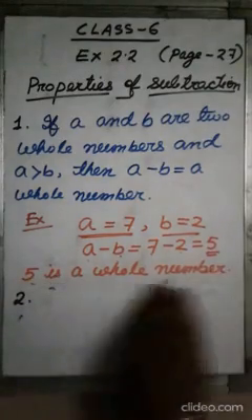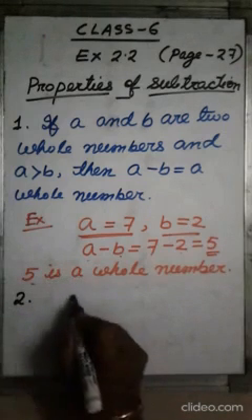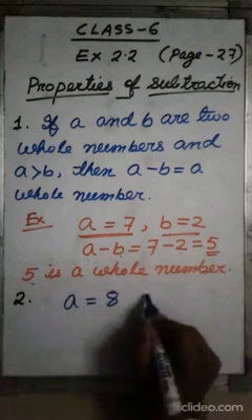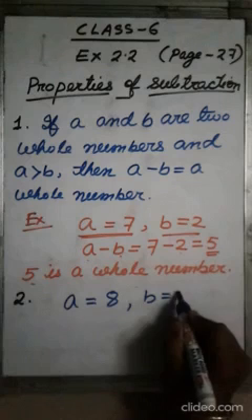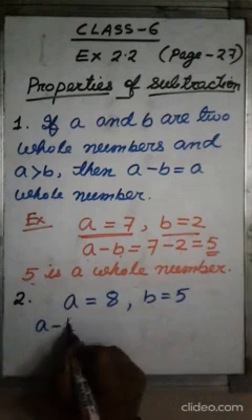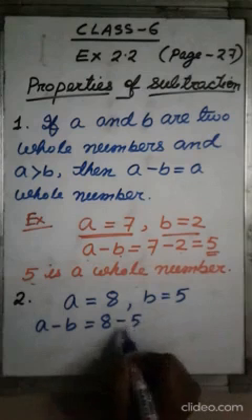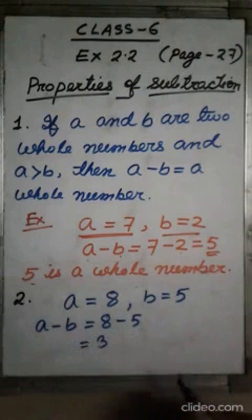A is 8 and B is suppose 5. A minus B will be 8 minus 5, which is equal to 3.